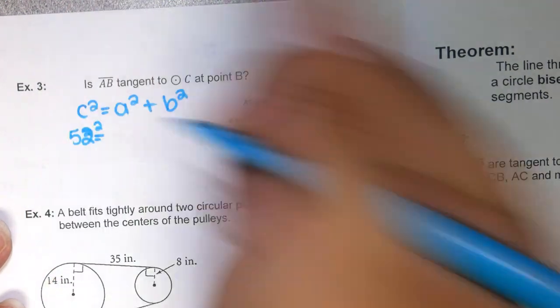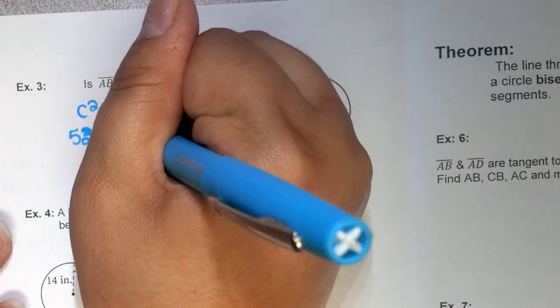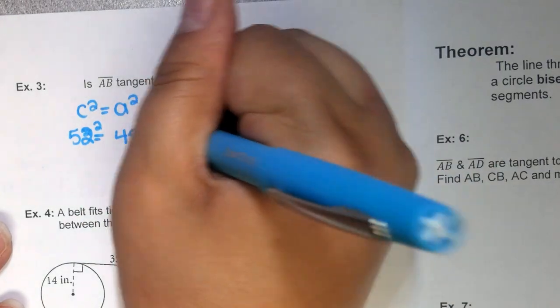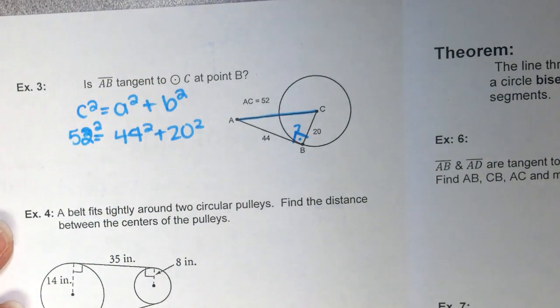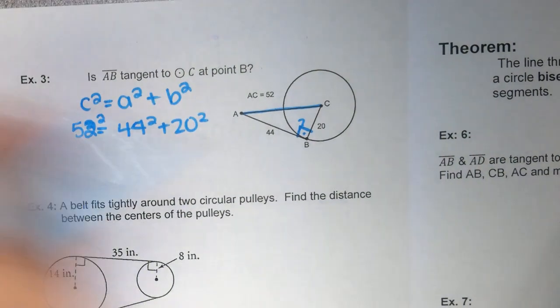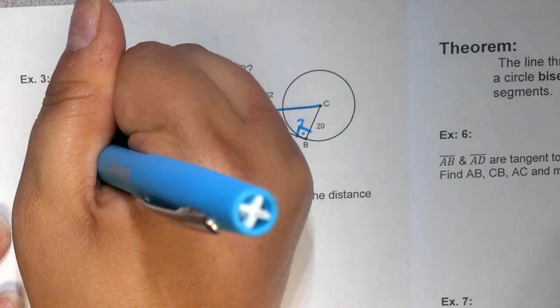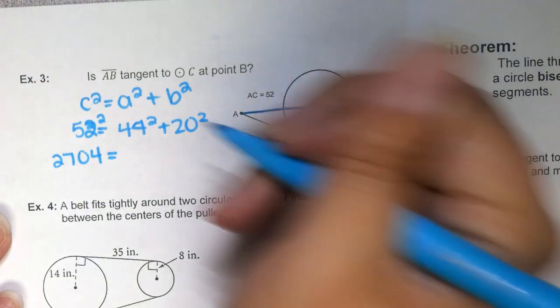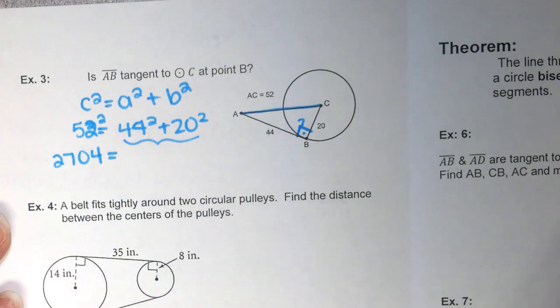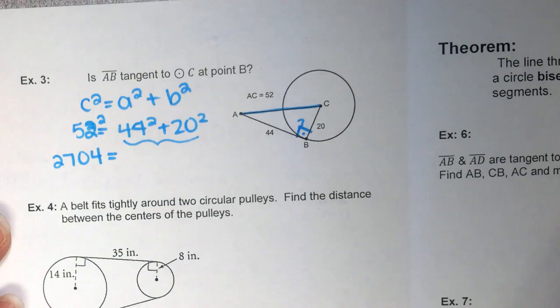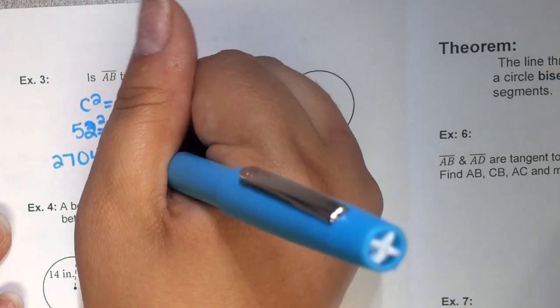Does 52 squared equal 44 squared plus 20 squared? Well, what's 52 squared? 2,704. And what is 44 squared plus 20 squared? 1,936 plus 400, which is 2,336.